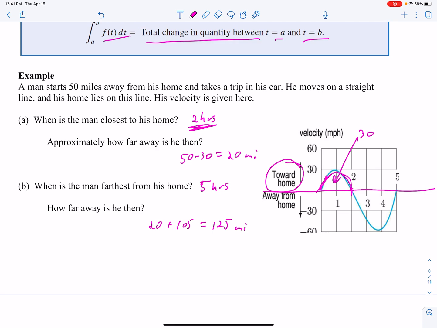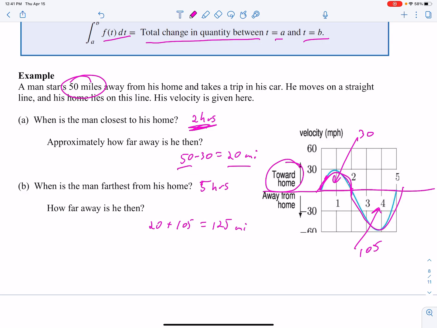Approximately how far away is he? Well, he started 50 miles away, and he got 30 miles closer. Right? So 50 minus 30 equals 20 miles from home. All right, and then when is he the furthest from home? Well, for the next 3 hours, he's traveling away from home. All right, and the area under this curve is 105.